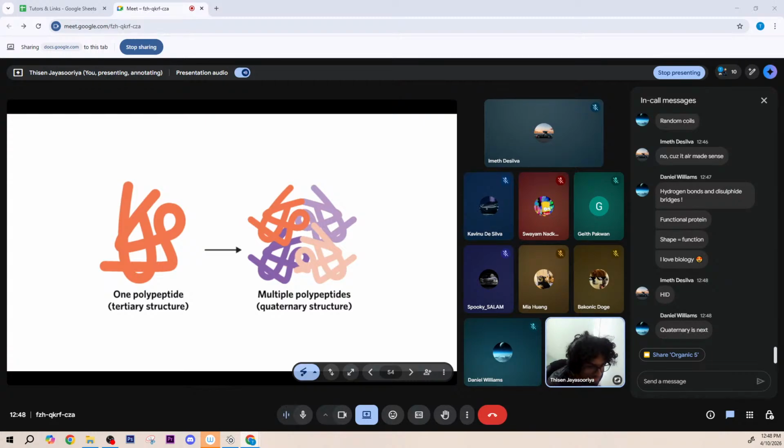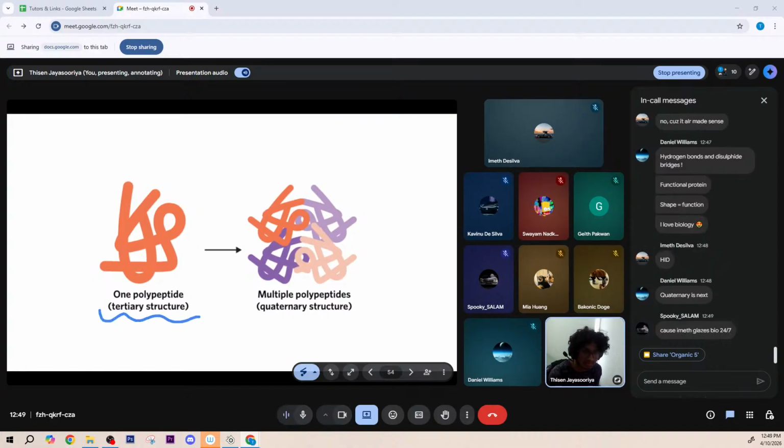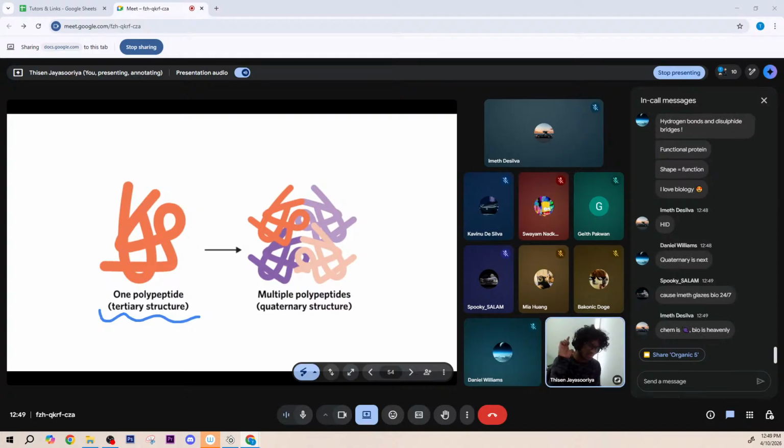And then we have the quaternary structure. One polypeptide makes up the tertiary structure, but if we have multiple polypeptides, we have our quaternary structure here, yeah? So that's our primary, secondary, tertiary, and quaternary structure.